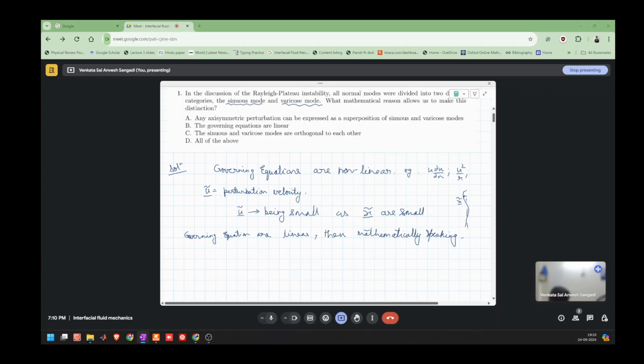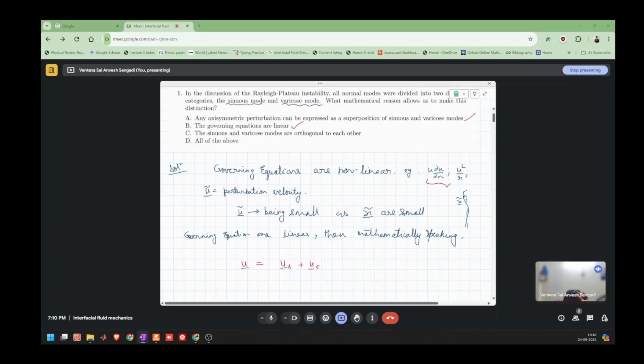Mathematically speaking, the first statement is true. The solution u can be written as u sinuous plus u varicose, and this will still satisfy the solution, again because the equations are linear.